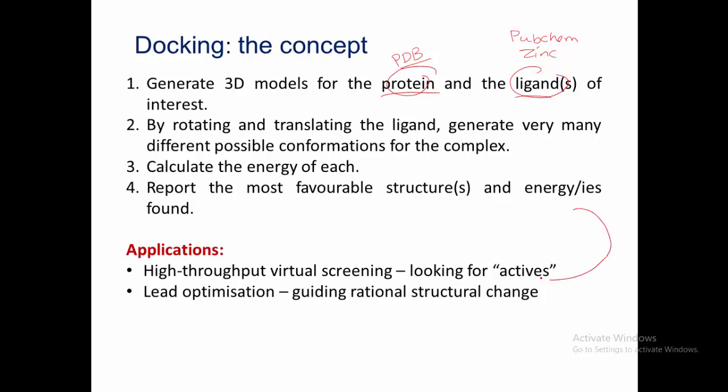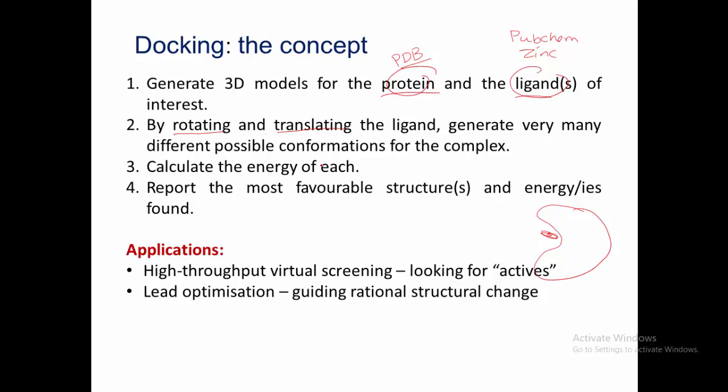For example, if this is the binding site of the protein, we place the ligand in the binding site, then we try to find a suitable conformation of the ligand that can bind in the binding site of the protein by rotating and translating the ligand. I will explain those terms. Rotation is clear for you, but I will explain translation in the following slides.